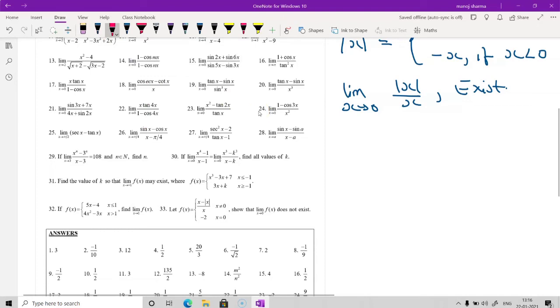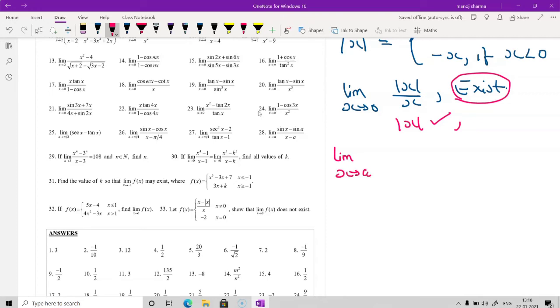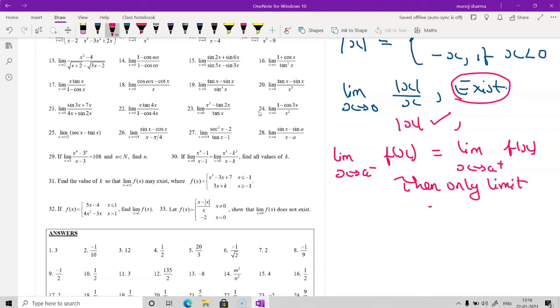First of all, we should have a knowledge of mod x. This is the basic initial problem. And then whether the limit exists, we have a formula that if limit x tends to a minus f(x) is equal to limit x tends to a plus f(x), then only the limit exists.